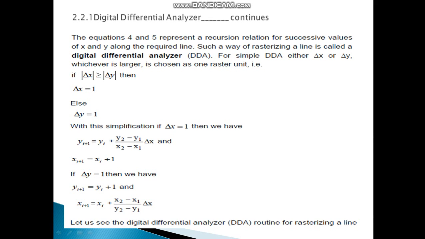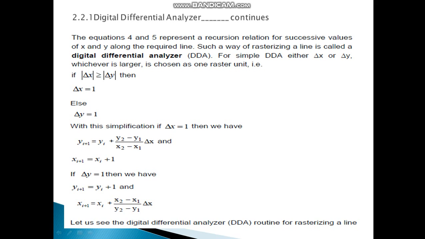For example, for simple DDA, either delta x or delta y, whichever is larger, is chosen as one raster unit, that is, if delta x is greater than delta y, then delta x is equal to 1, else delta y is equal to 1.